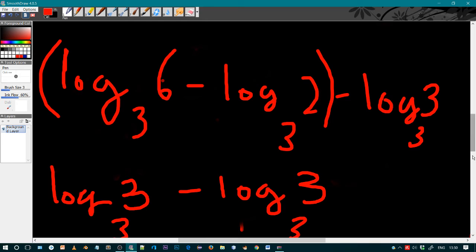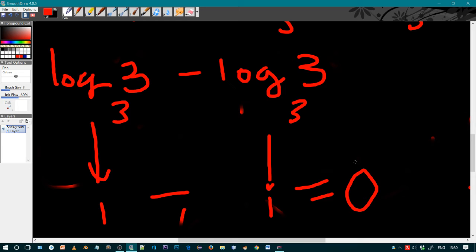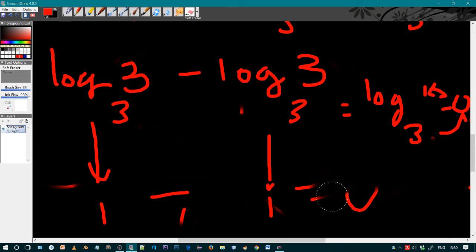Yeah, I am correct. So we know that log 3 of 3 is 1, this is 1, which will give us the value as 0. Or if you want to do the division rule, you just do log 3 of 3 divided by 3, which is 1, and anything raised to the power 0 will give you 1. This is my answer.